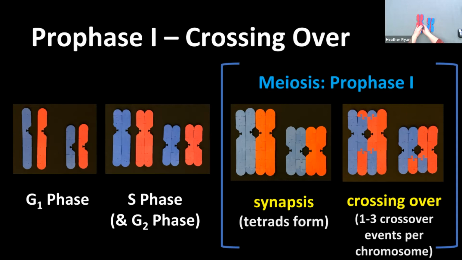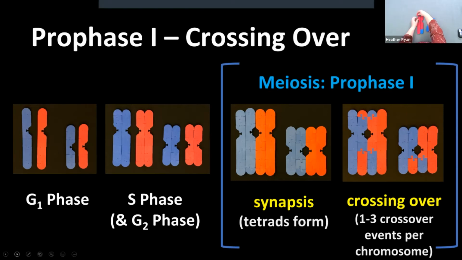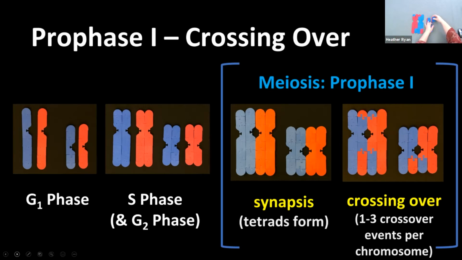Okay, so most chromosomes will cross over from 1 to 3 places. There are regions along the DNA that tend to have meiotic recombination occur. Those sequences vary between species.